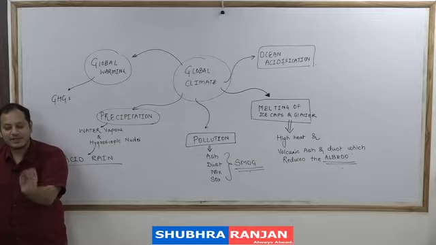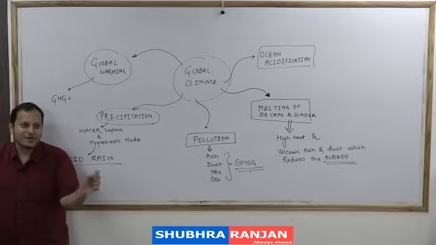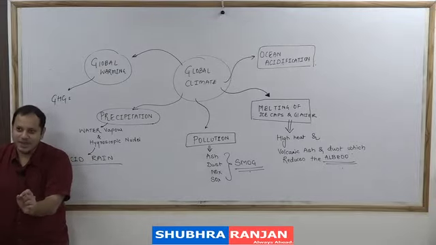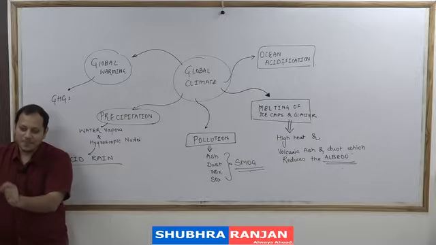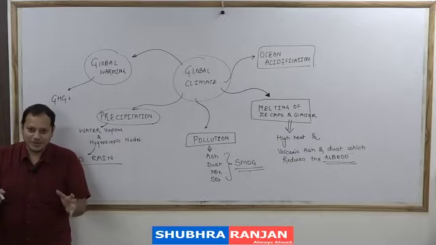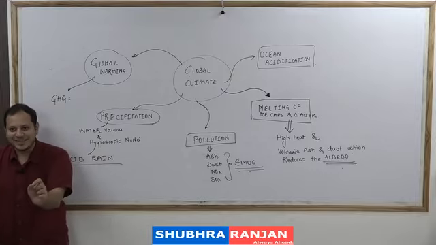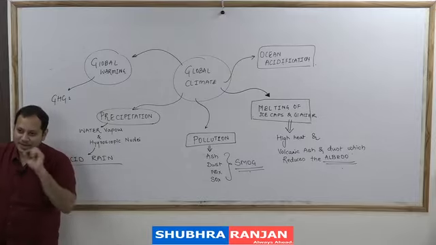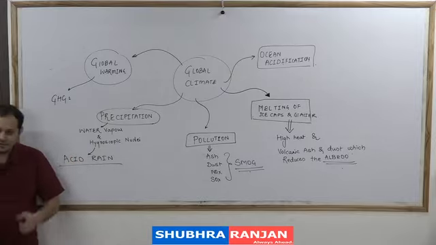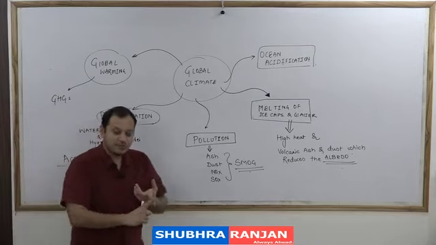Ocean acidification is increasing the amount of carbon dioxide in the oceans, and as a result of this, it is trapping more carbon dioxide. It is trapping more heat, full stop. Due to more heat, the sea level is rising. Finish in one line: ocean acidification destroys the oceanic food chain.